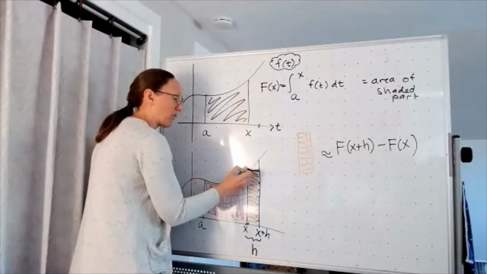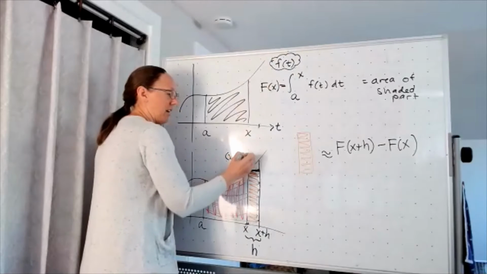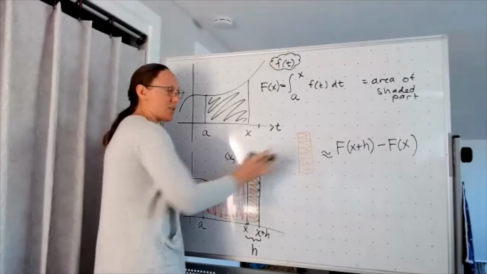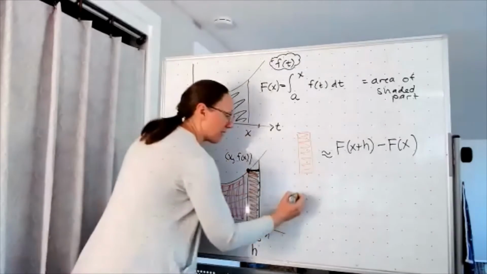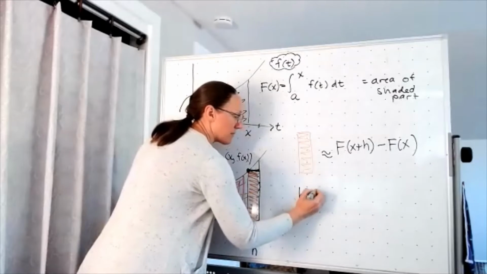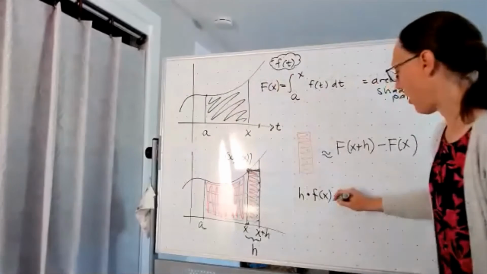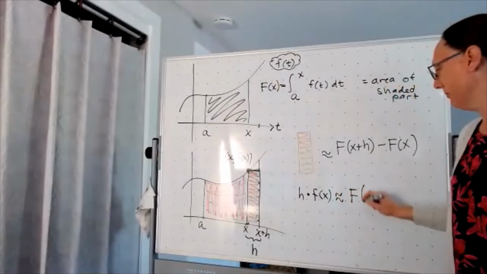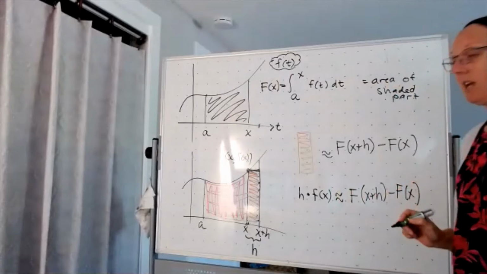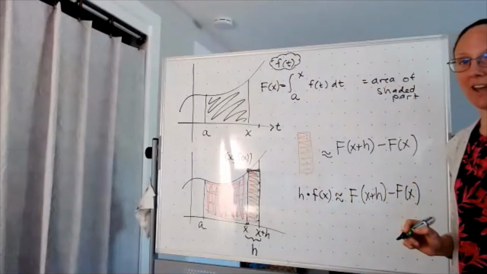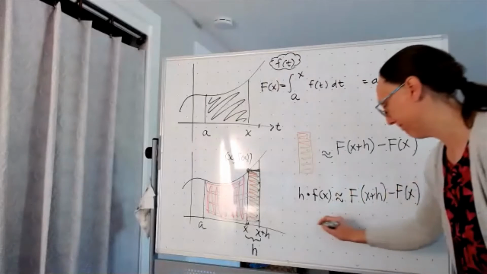So my height here, or like the coordinate at that point, is x comma little f of x. So the area of my orange rectangle is a base of h times the height of little f of x. And that's almost equal to the area I really wanted. And now you might look at that and say, huh, well, I suppose we could divide both sides by h.